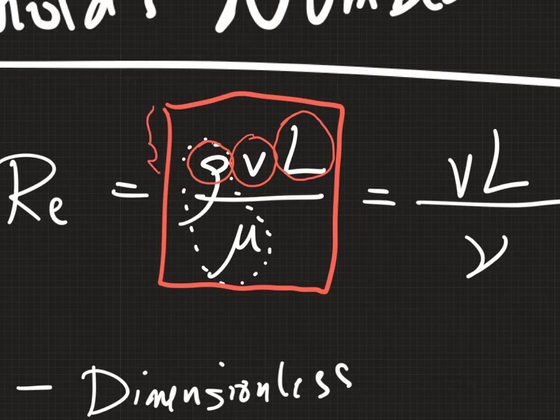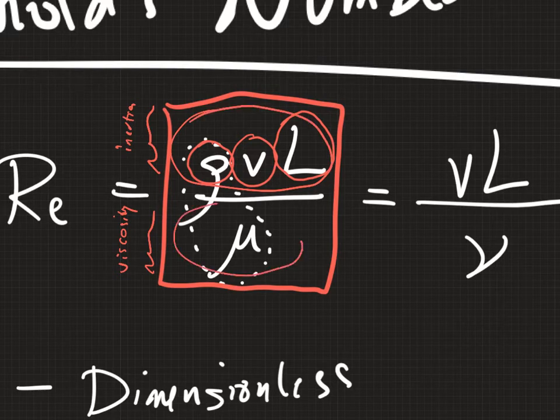So this is the inertia of the system. And then what's resisting that inertia, or what's causing things to slow down, would be the viscosity. That's a little bit weird and a little bit hand wavy, but you can think of this as the momentum or the inertia, and this as the viscosity.